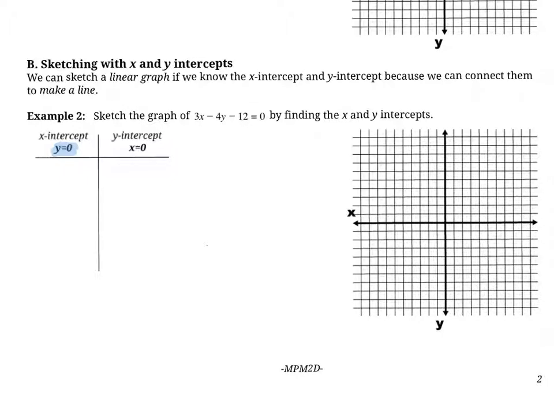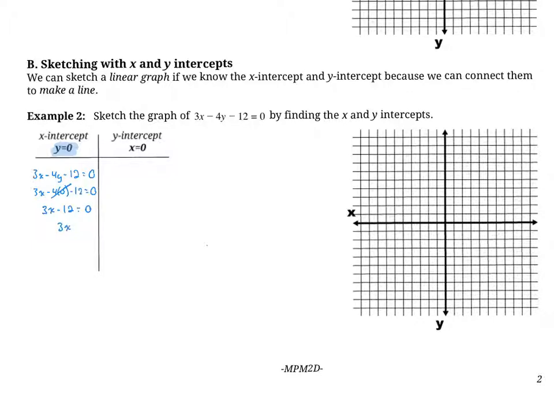So our original equation is 3x minus 4y minus 12 equals 0. And just replace y with 0 and solve. Since 0 times negative 4 is 0, we're just left with 3x minus 12 equals 0.